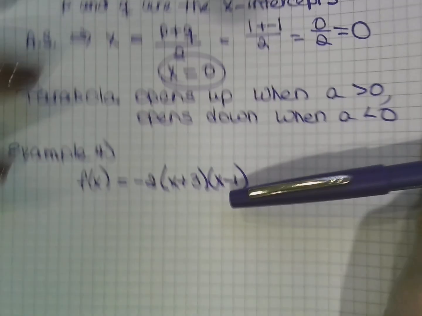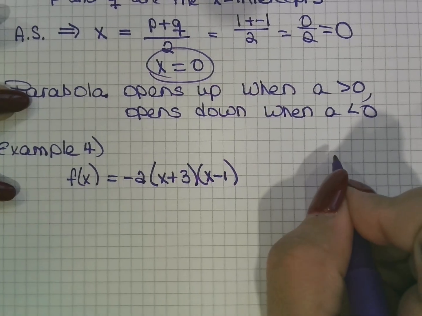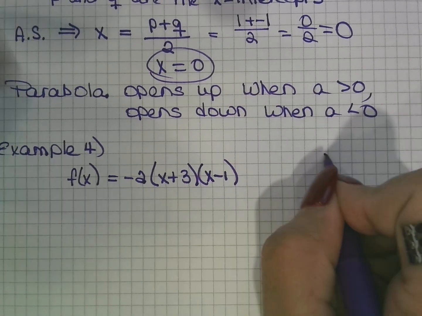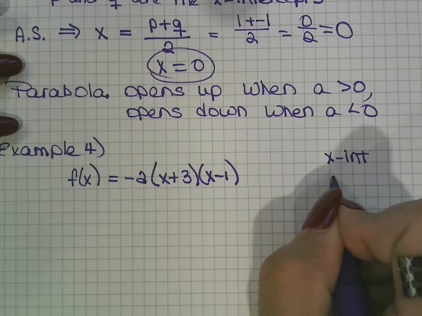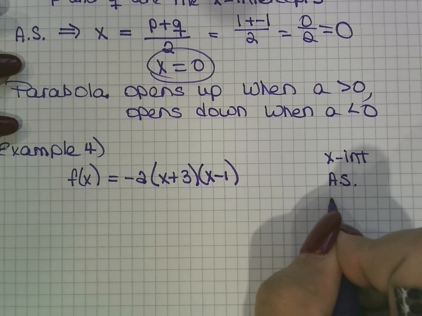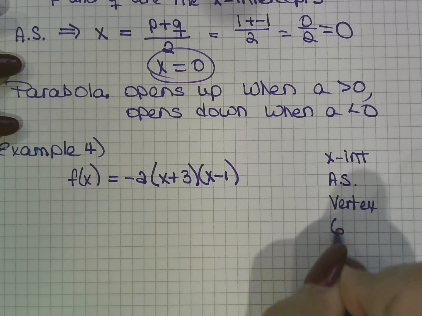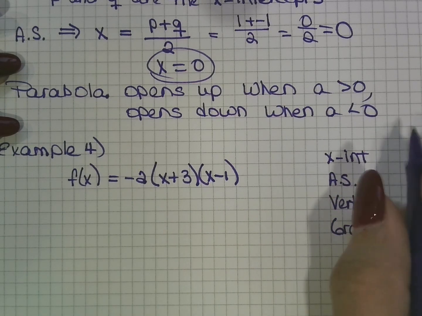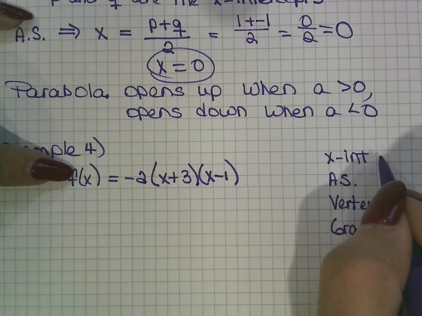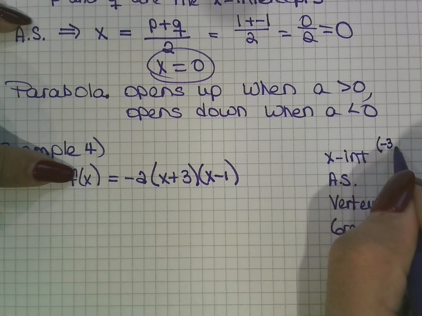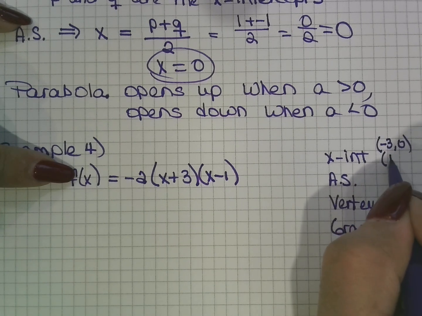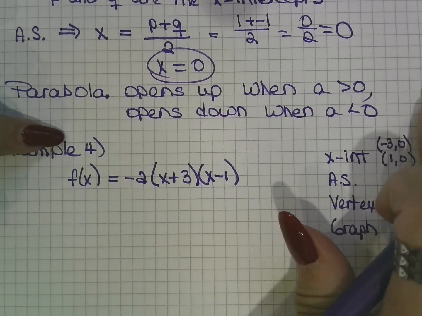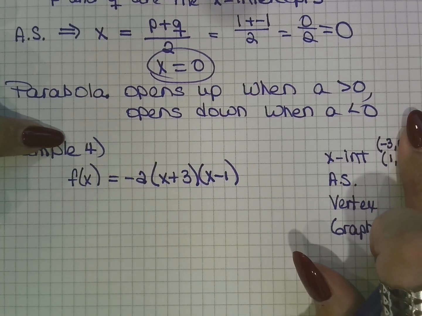And what I want you to do is find, obviously, the x-intercepts here, find your axis of symmetry, your vertex, and graph. Okay? Just by looking at this, we can see that the x-intercepts are at negative 3 and 1. So at the points negative 3, 0 and 1, 0, you're going to have x-intercepts. Normally we just say at negative 3 and at 1.